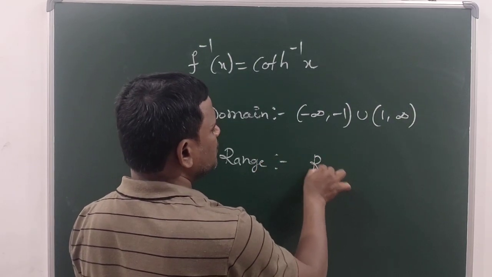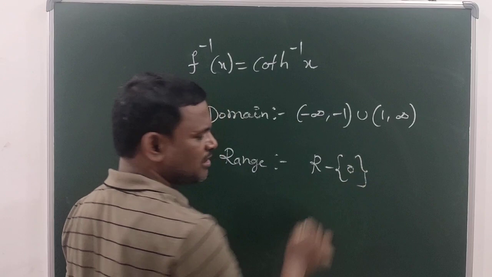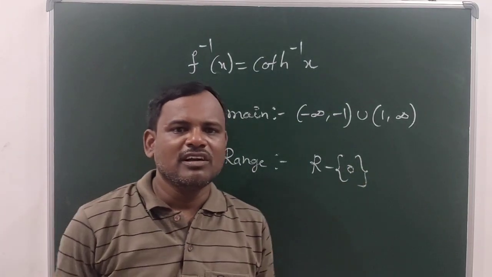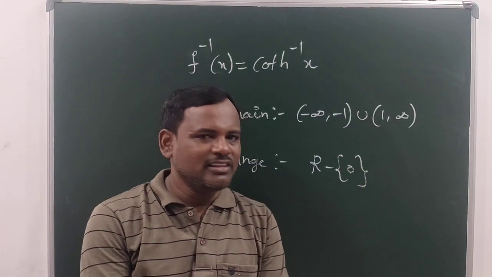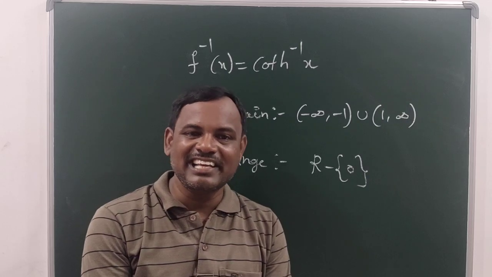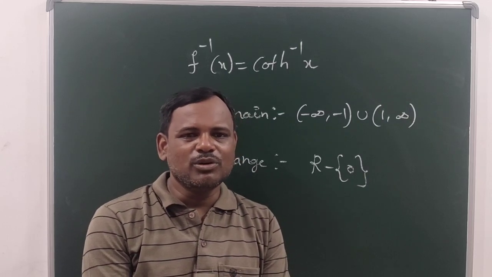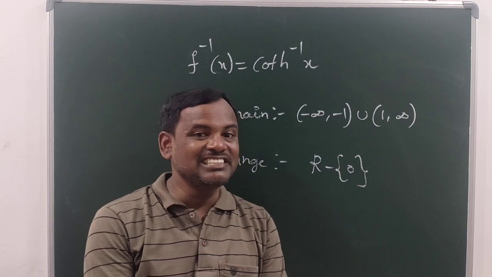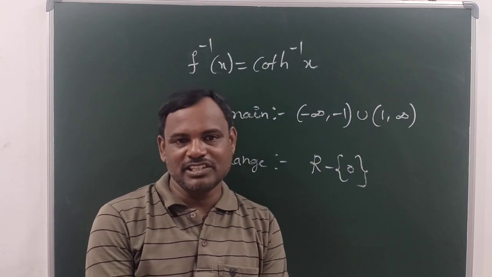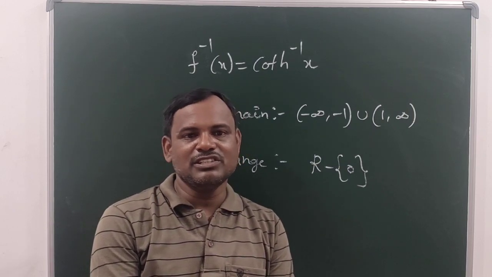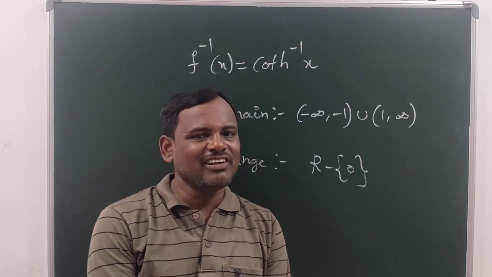be R minus 0 only, because you observed the cot hx graph in its domain, that graph was strictly decreasing, no? So as you know, strictly increasing and strictly decreasing functions are always bijective. So if the function is bijective, as you know, it is invertible.